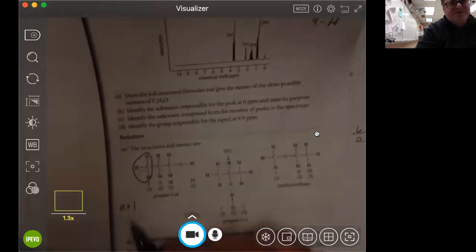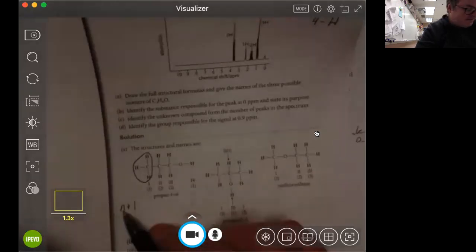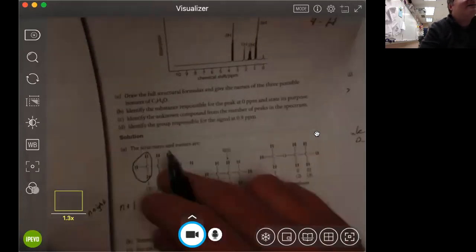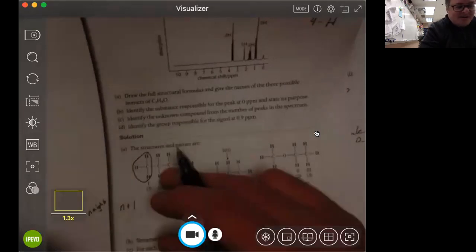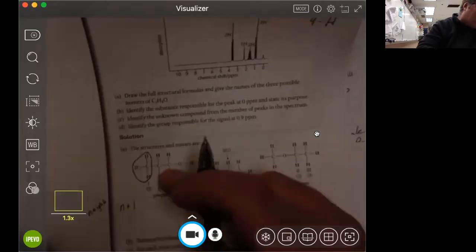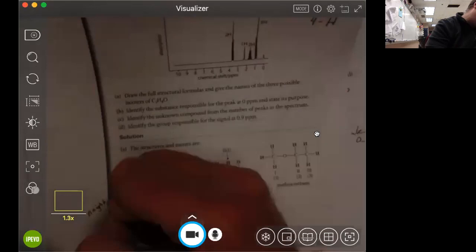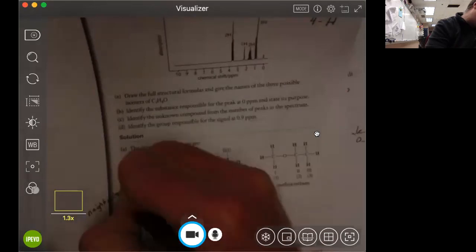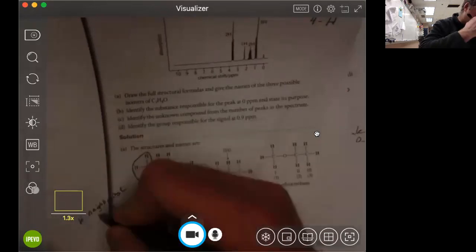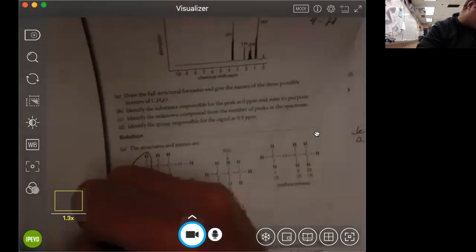That's your number of hydrogens on your neighboring carbon.